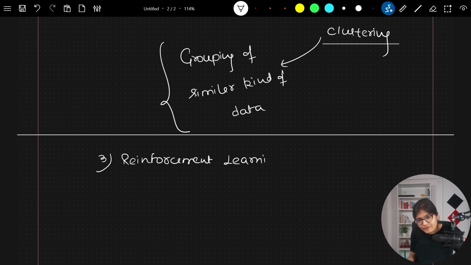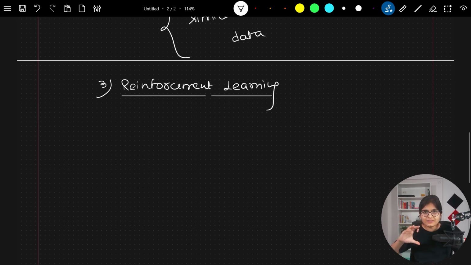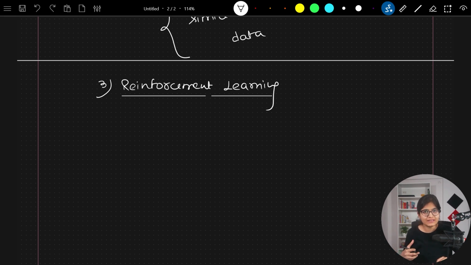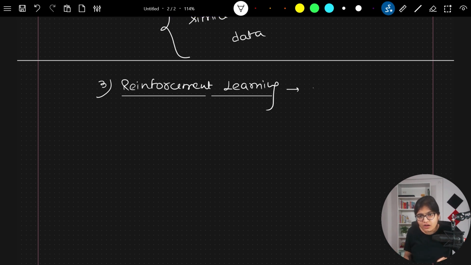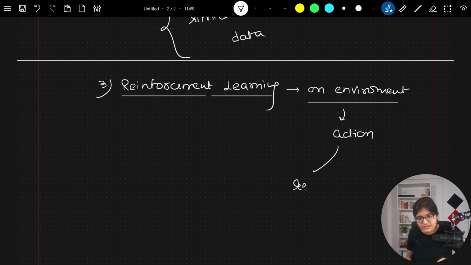Whenever we are talking about reinforcement learning, there is some sort of action to be taken, and on the basis of that action, there will be either some reward or penalty. So on the basis of the environment, our model tries to learn. It will take some action, and on the basis of the action, either a reward will be given or there will be a penalty.